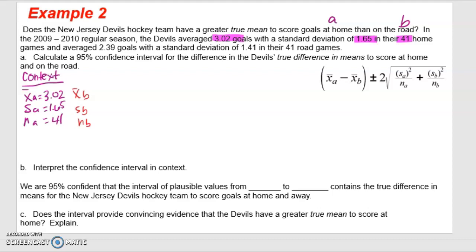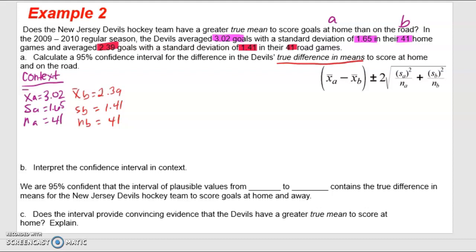Okay, and then for my second context, that's going to be my away games. It says they averaged 2.39 goals with a standard deviation of 1.41 in their 41 road games. So my mean for context B is 2.39, standard deviation of 1.41, and a sample size of 41. We want to calculate a 95% confidence interval for the true difference in means.